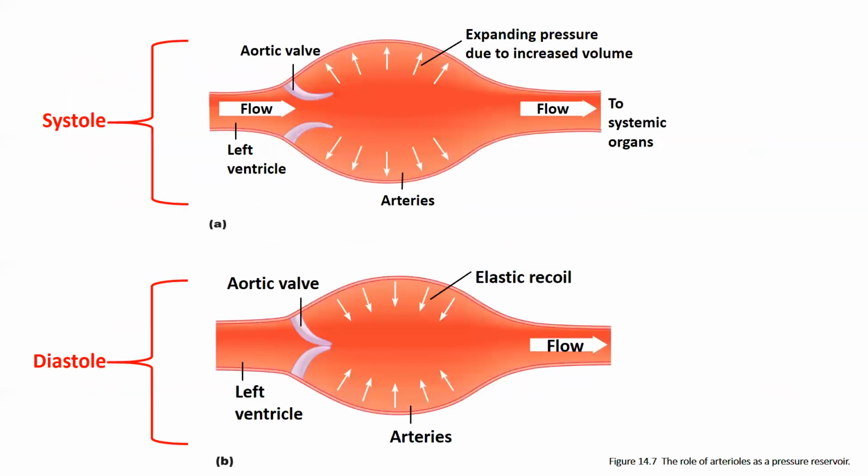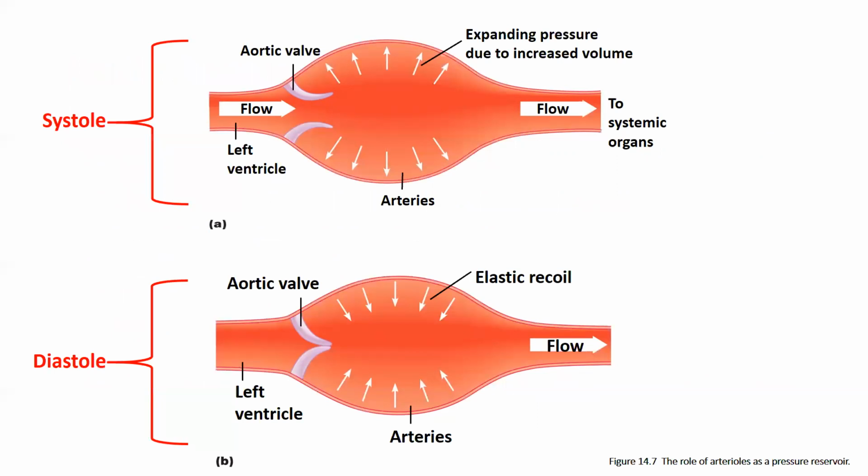Let's look at this image here. So during systole, right, the aortic valves are open and blood is flowing through into the aorta very nicely, right? Now, this vessel is going to start to expand here. And that expansion is storing up some energy to generate pressure, right?